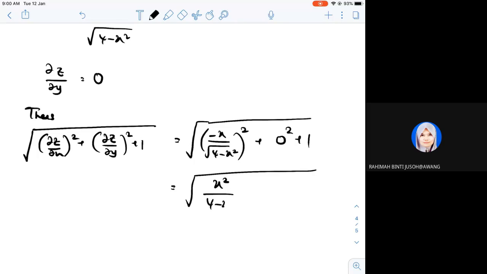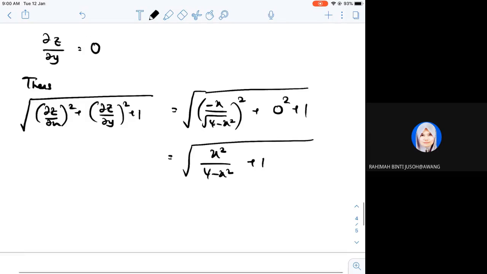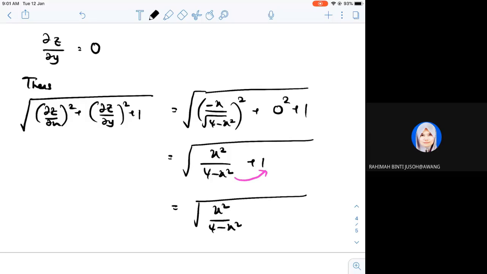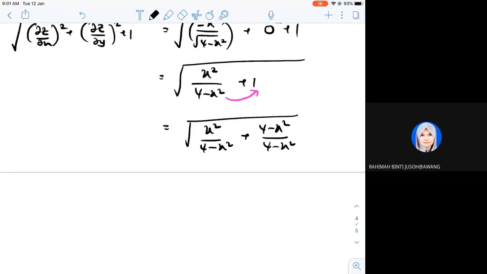So jadi 4 minus x squared sajalah. So plus 1. Okay, so we can multiply with this denominator. So equals to x squared over 4 minus x squared plus jarak dia akan jadi 4 minus x squared over 4 minus x squared lah, kan? So we can equate the denominator, dia akan jadi x squared plus 4 minus x squared over 4 minus x squared. So we can cancel this.